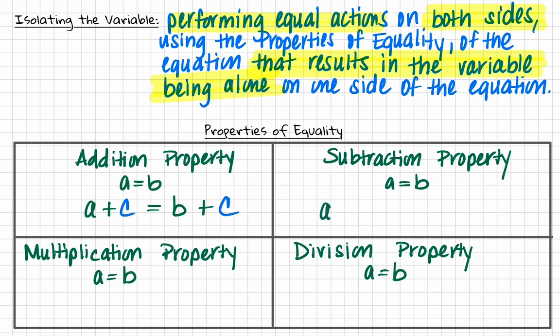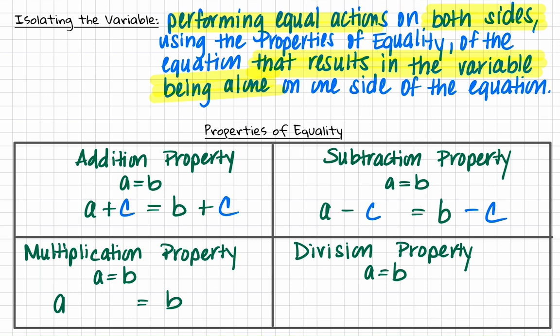The subtraction property says if I subtract something on one side, I must do the same thing on the other. So if I subtract C from the left side, I must subtract C from the right. Multiplication says that if I multiply anything on the left side, I must do it on the right.